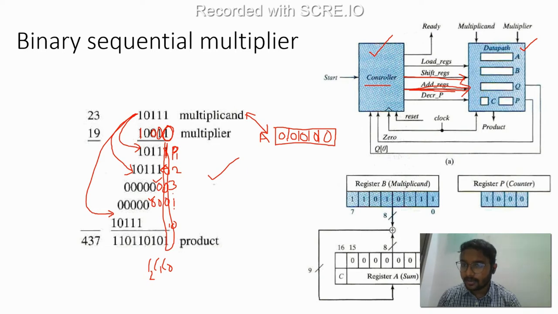You add partial product 1, which is the same as the multiplicand, with all 0, so that you get c0. You take an accumulator with all zeros, and if your multiplier bit is 1, you just add the multiplicand, 10111, to it. So your updated accumulator is 10111. Now you obtain this bit, so c0 is obtained.